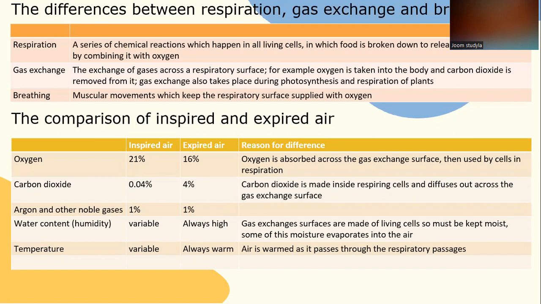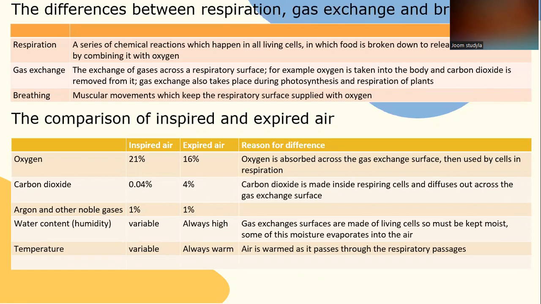Gas exchange is the exchange of gases across a respiratory surface. For example, oxygen is taken into the body and carbon dioxide is removed from it. And gas exchange also takes place during photosynthesis and respiration of plants. Breathing is a muscular movement which keeps the respiratory surface supplied with oxygen.